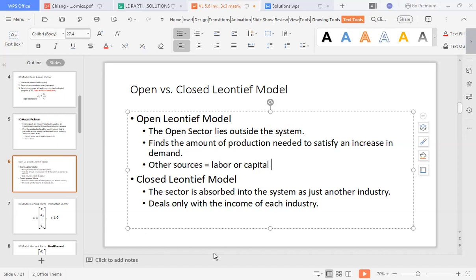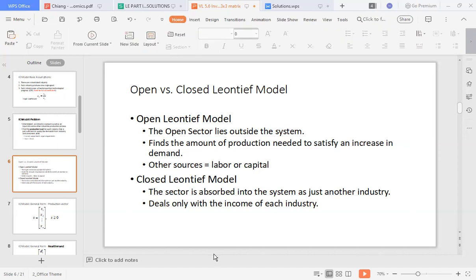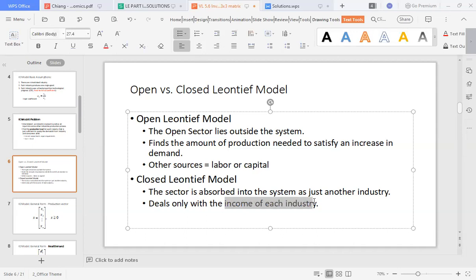Okay, when you have a closed Leontief model, the sector is absorbed into the system as just another industry and deals only with the income of each industry. So if we assume that we only have three sectors in the economy, then the input should only be coming from the three sectors.